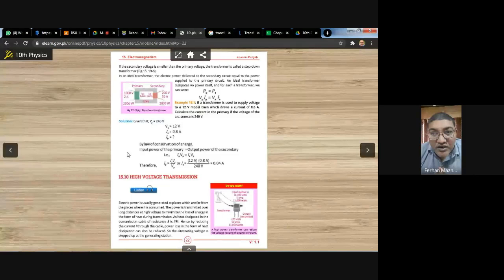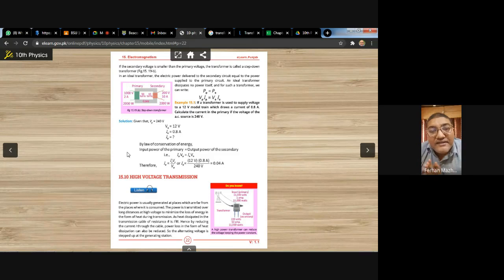You see, these examples can come in your paper. They are very easy. The voltage in the primary was given. The current in the primary is the question. The voltage in the secondary is given. The current in the secondary is given. And you use the second equation which we have learnt about the transformers, that the power in the primary is equal to the power in the secondary.